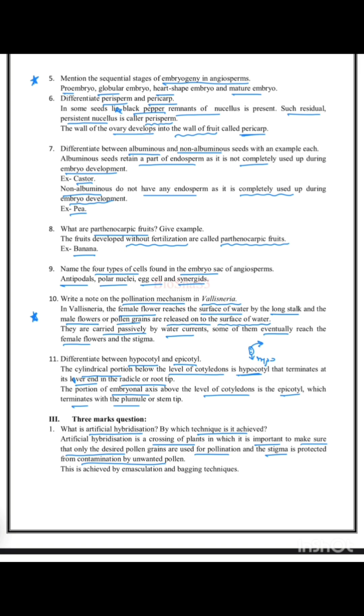This is achieved by emasculation and bagging technique. So this is also an important question. So how is this done? Here the plants are crossed in which it's important to make sure that only the desired pollen grains are used for the pollination and the stigma is protected from the contamination of the unwanted pollen. This is achieved by the emasculation and bagging technique.